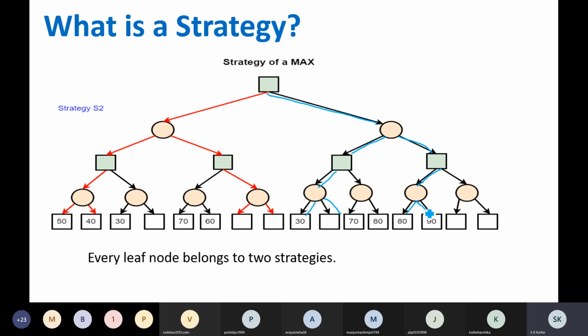So select one branch at max and all branches at min. So this blue color subtree corresponds to strategy S2. Similarly, you can have other strategies defined.